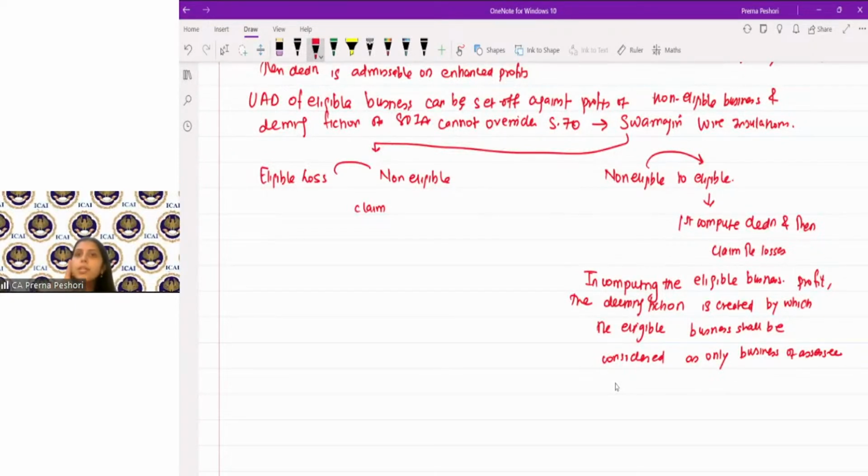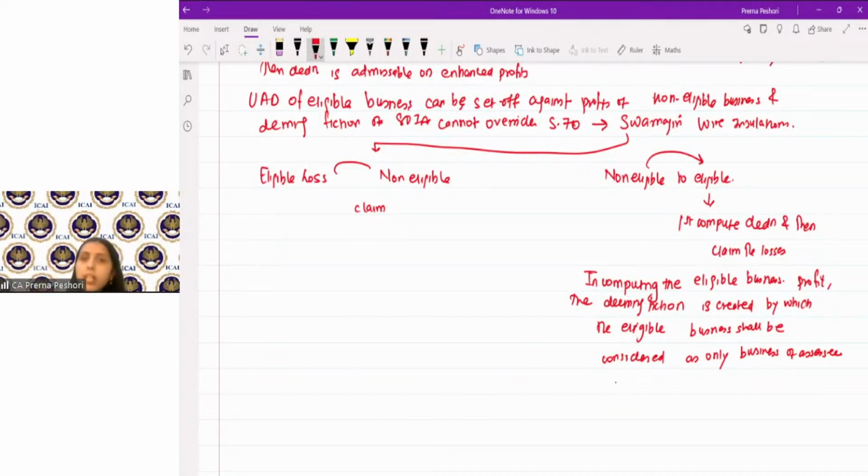So because of this particular deeming fiction, there was a question before the court in the Swarnagri case whether this deeming fiction can be extended to say that even the eligible business loss cannot be set off against non-eligible business loss. In Swarnagri it was observed that once there is an eligible business loss, there is no deduction. And if there is no deduction, the deeming fiction cannot extend to section 70.